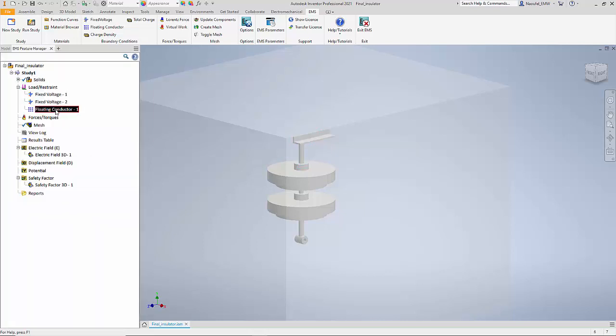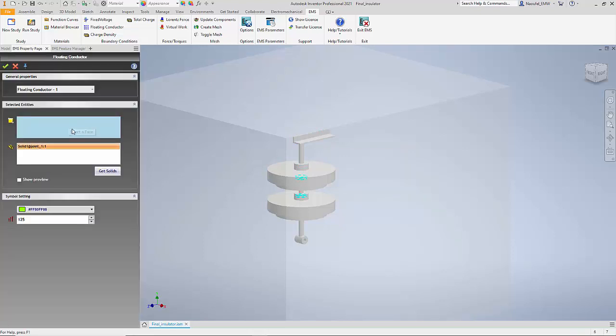And finally, the conductor in the middle is really a floating conductor. It is not in direct contact with either the high voltage source or the grounded source, whereas it is in contact with the two insulators.